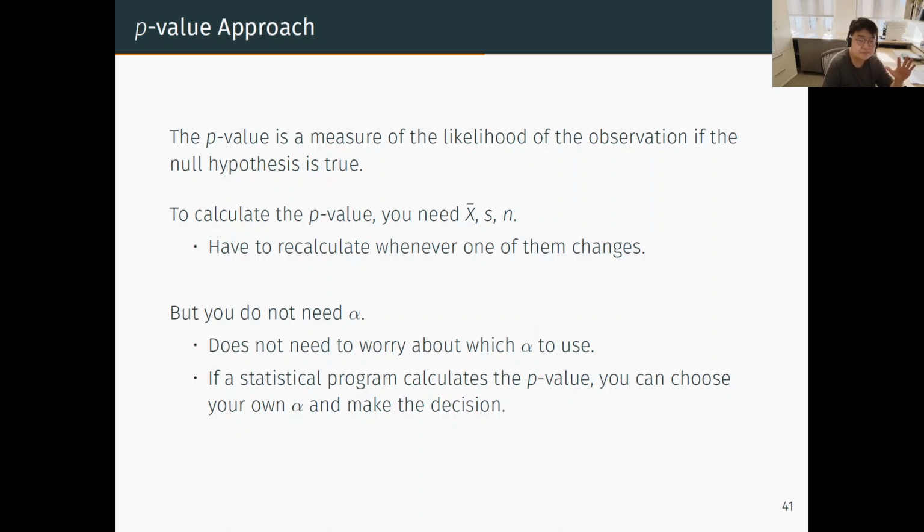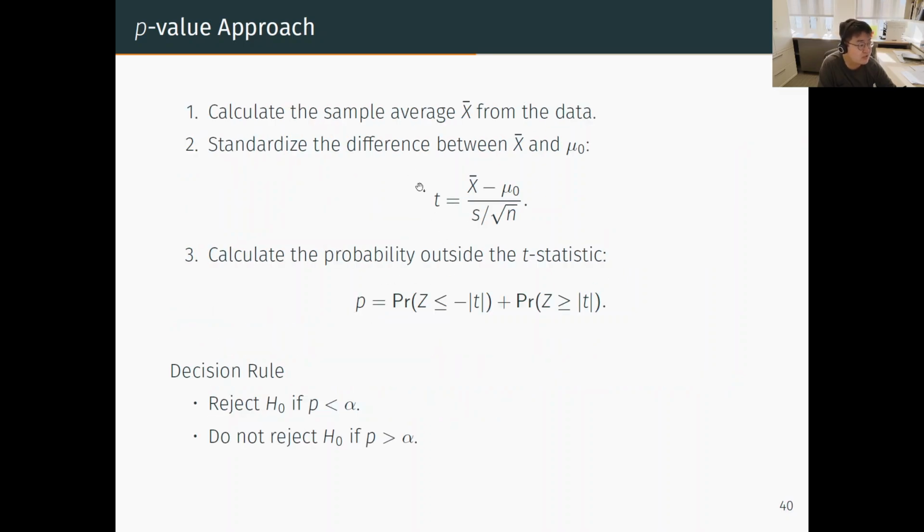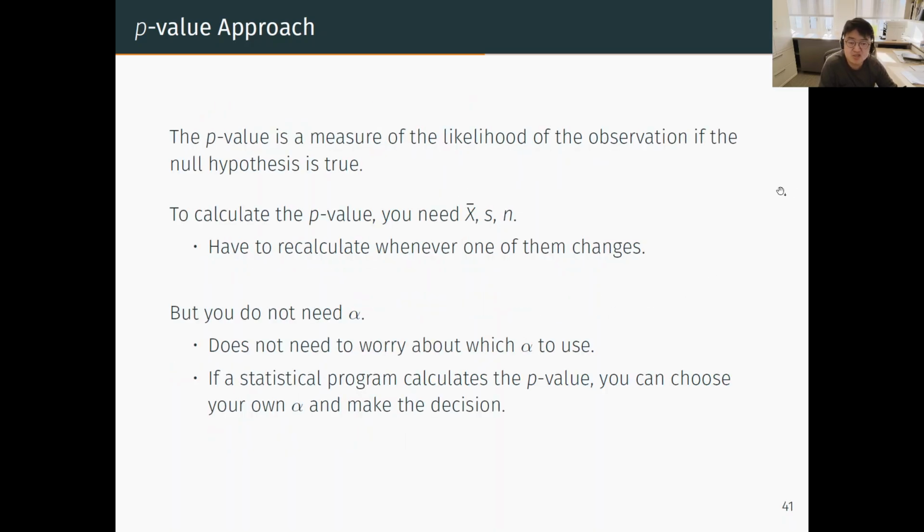However, the p-value does not depend on your significance level. If you choose a significance level of 1% or 5% or 10%, it does not affect your p-value because, as you see, the p-value does not depend on alpha at all. It is just your choice.